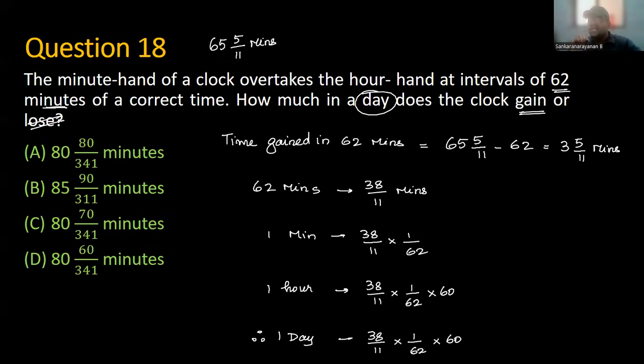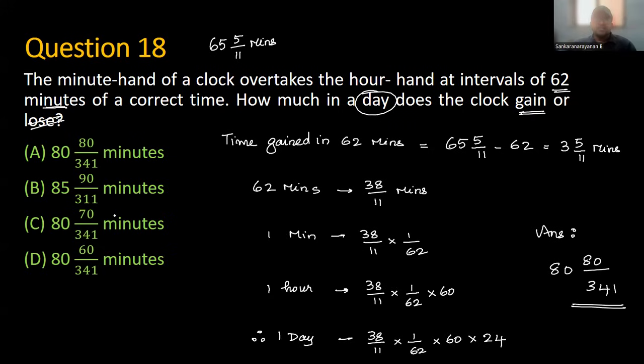This is the time gained in 1 hour. 1 day consists of 24 hours, so multiply this with 24. So it will be coming as 38 by 11 into 1 by 62 into 60 into 24. On calculation, I can say my answer will be coming as 80 and 80 upon 341.